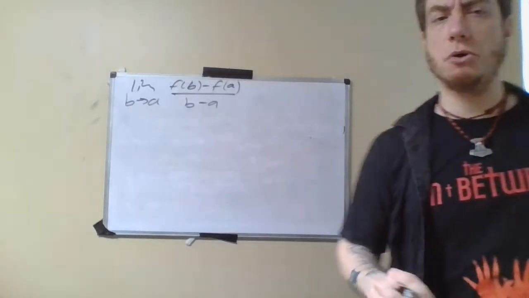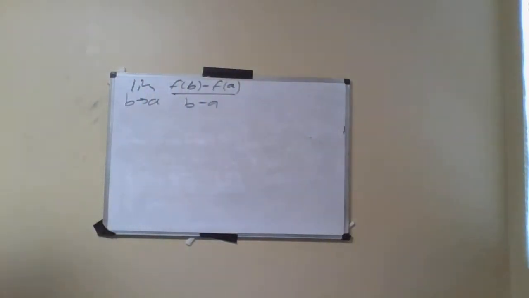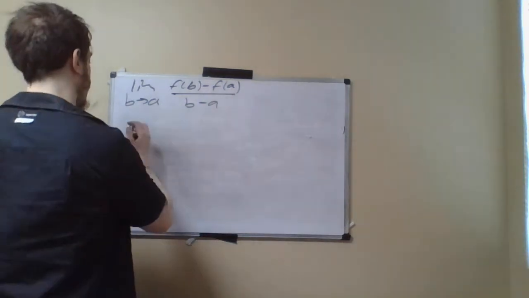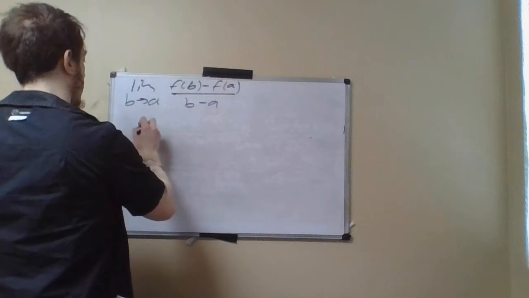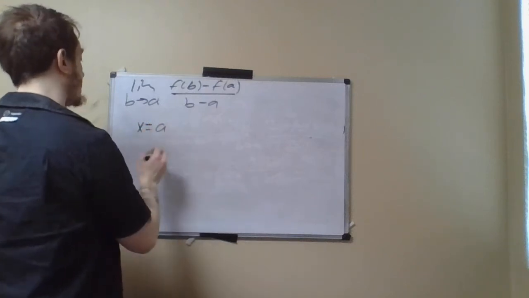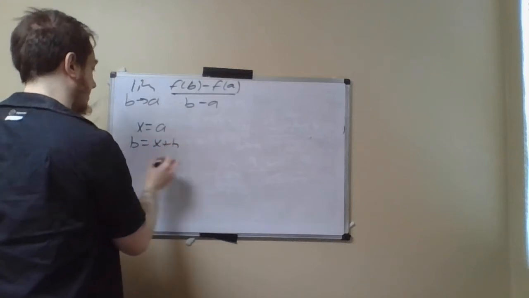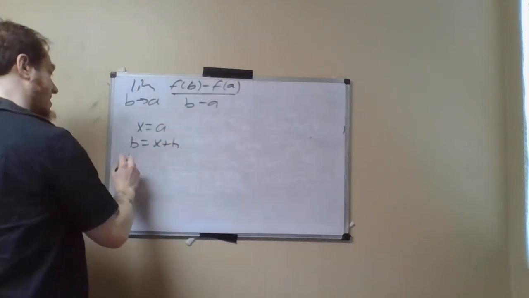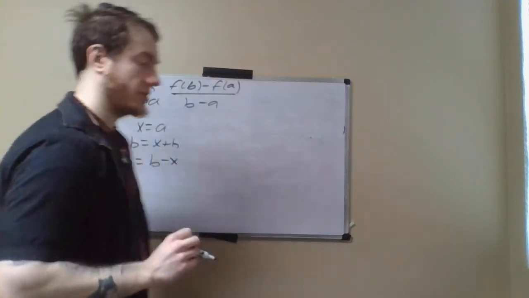This is not always the most convenient way to write this. A slightly more convenient way to write this sometimes is we write x equals a, and we write b as x plus h, which is the same thing as saying that h is equal to b minus x.